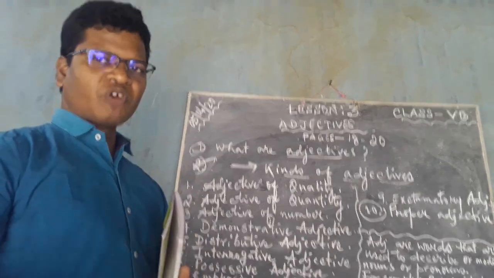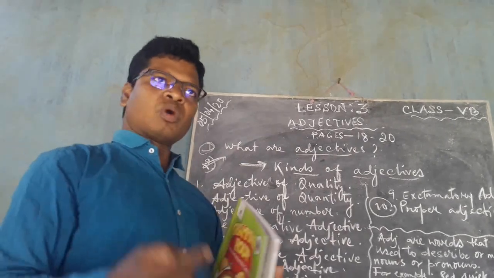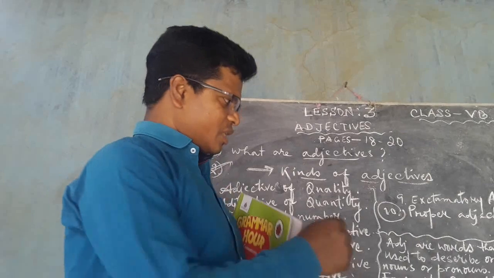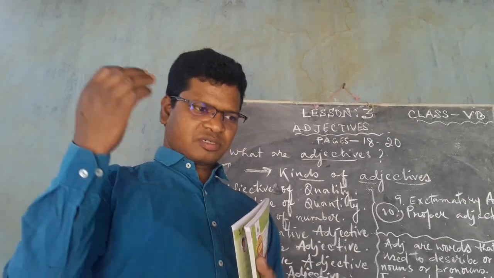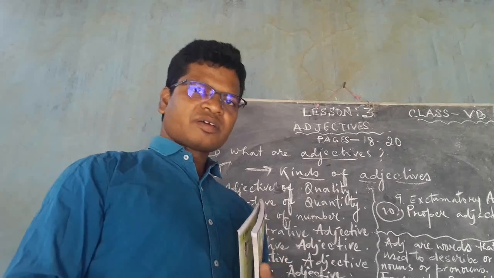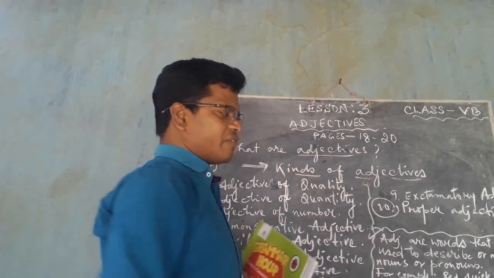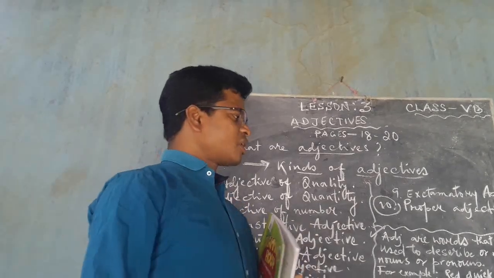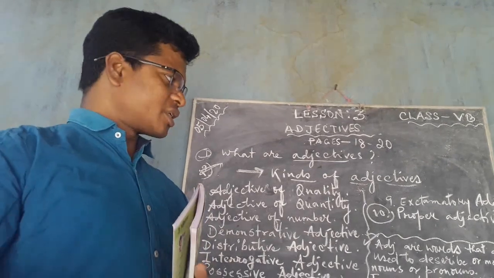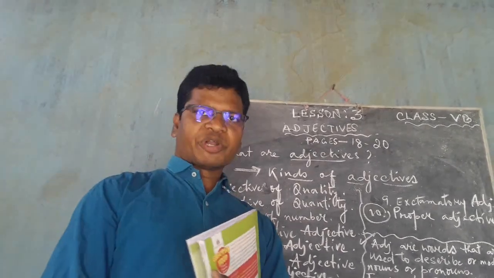Before we move on to these kinds of adjectives, let us understand what adjectives are. Though you have studied this definition in other classes, we will see it once more. Look at the definition that I have written. Adjectives are words that are used to describe or modify nouns or pronouns.